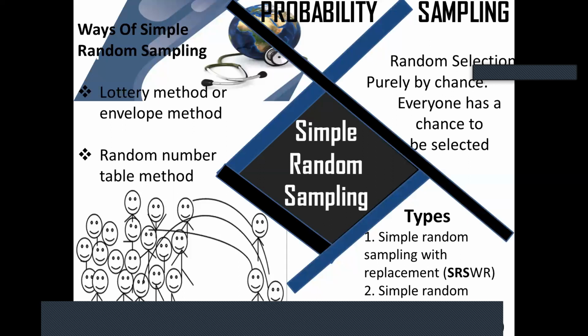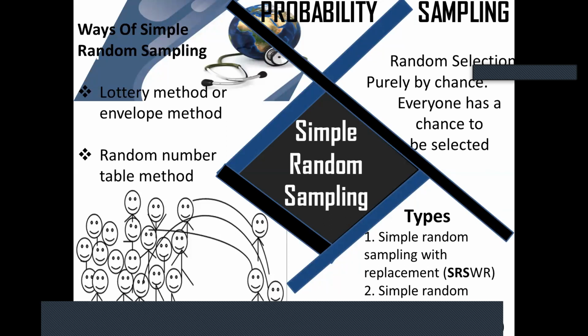For lottery method, you can pick papers, maybe written 1, 2, 3, 4, 5, or written with all the names of the people you want to participate, and then you randomly pick from those papers, and the people that you pick are the ones that will participate.